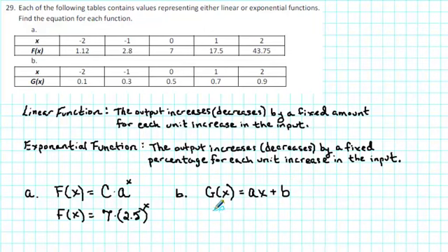So for b, we get g of x is equal to our constant average rate of change is that constant difference of 0.2. So we get 0.2 multiplied by x plus our beginning value. Well, to get the beginning value, look to see where x is 0, the corresponding output is 0.5.